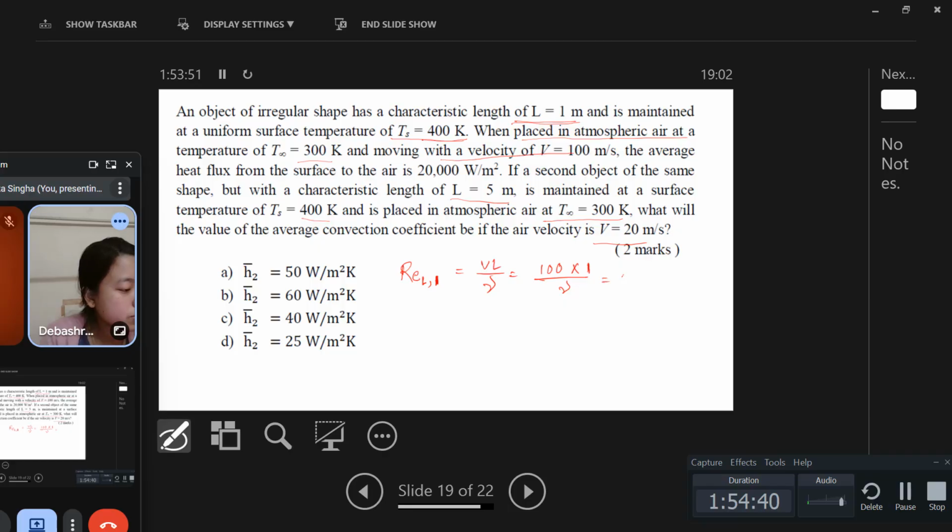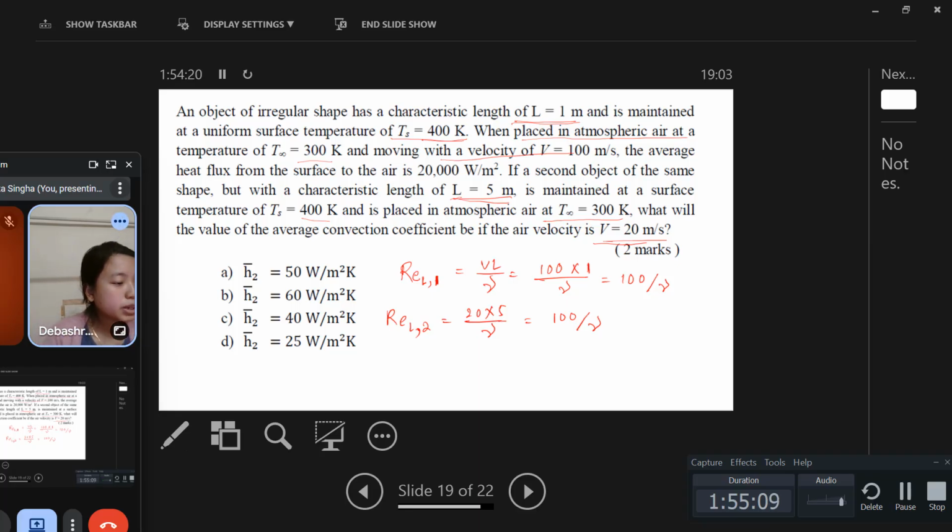Nu is not given, so it's 100 by nu. And for the second object, the Reynolds number is V equal to 20 meter per second into L, its characteristic length, 5, divided by nu. So again it is 100 divided by nu. So both Reynolds numbers are the same.